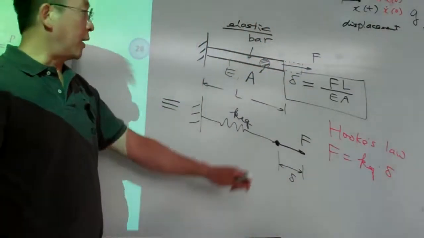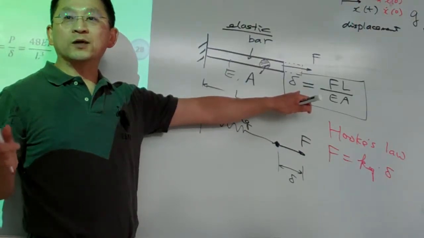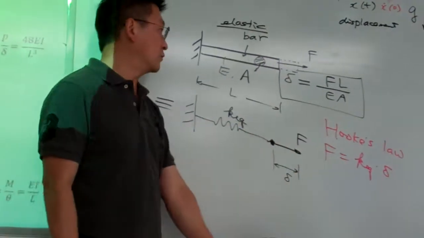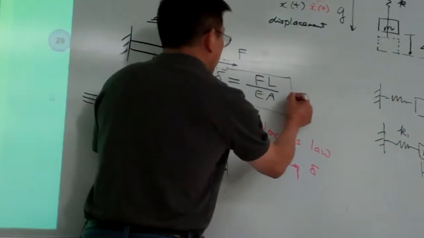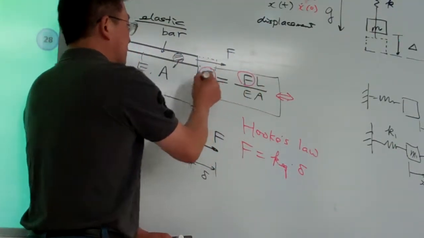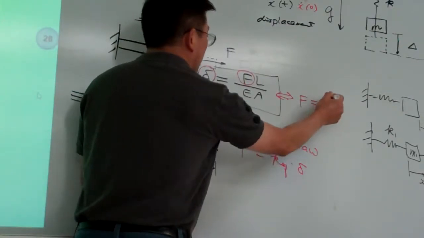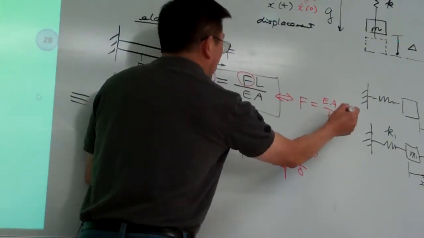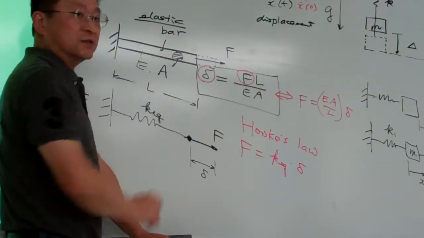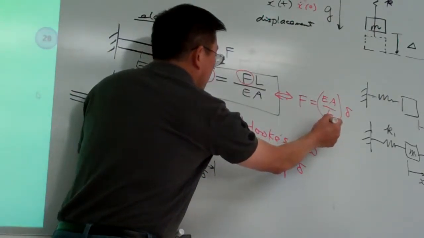And from the original system, we can re-describe it by moving terms around. I want to make up F and I want to make up delta. So from here you can see F equals EA over L times delta. I simply move the terms to the same side as delta. So that means this is our KEQ.